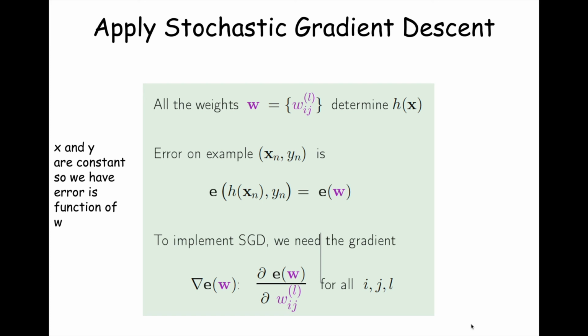And so what backpropagation does, it's called backpropagation because it's a clever algorithm that does it incrementally by traversing the graph for the neural network in the reverse direction.